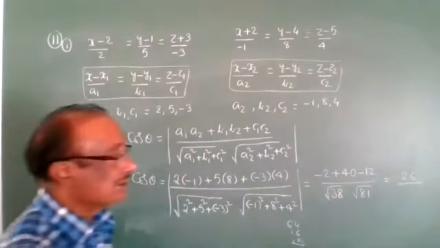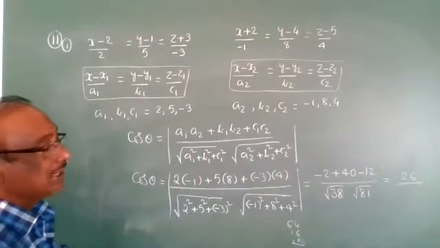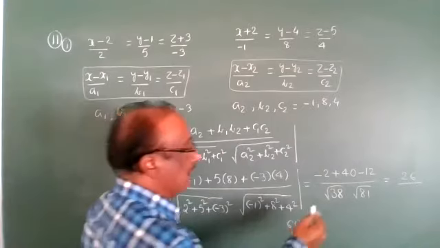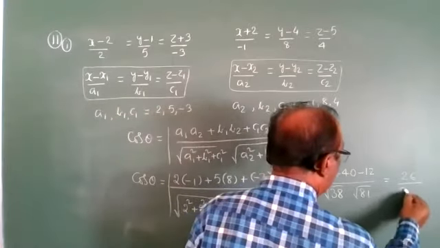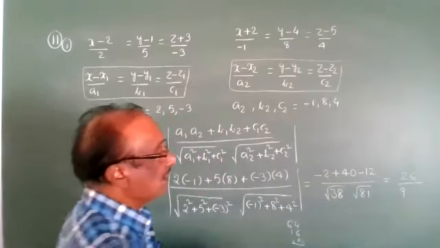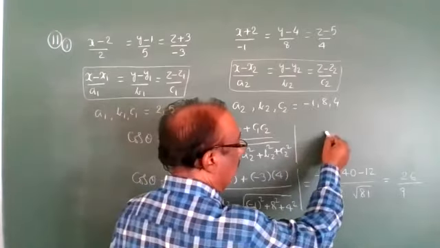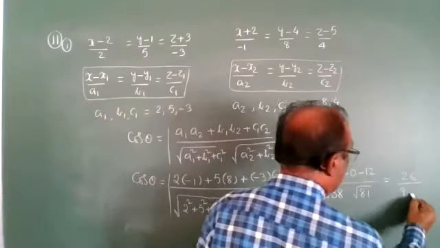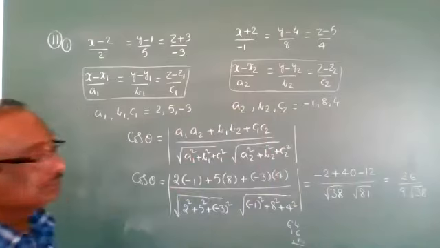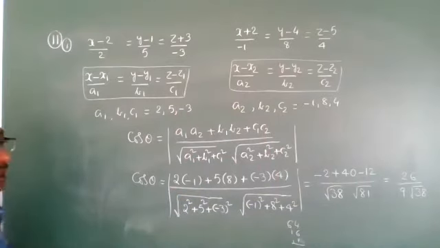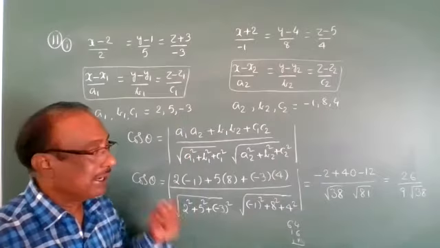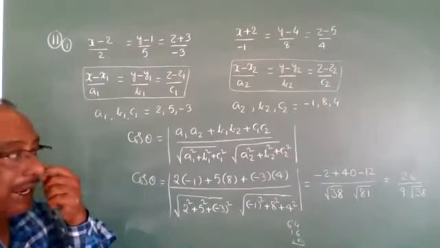Minus 2 plus 40 is 38, minus 12 is 26, by 9 into root of 38. Any chance to simplify 38? 2 times 19, no chance, so root 38. So it should be written: theta equals cos inverse of 26 by 9 root 38.